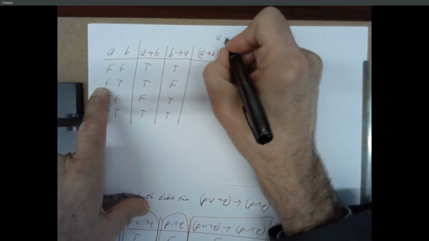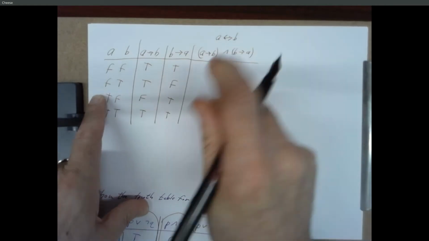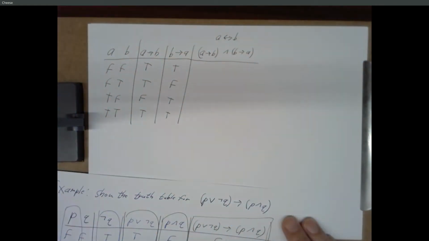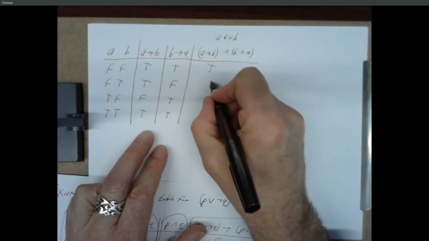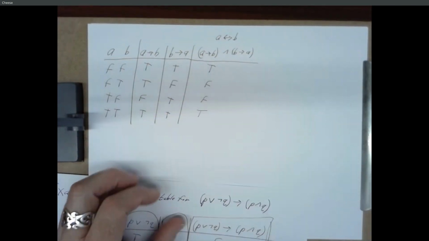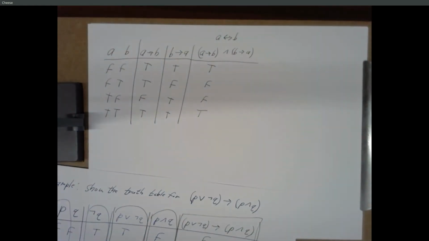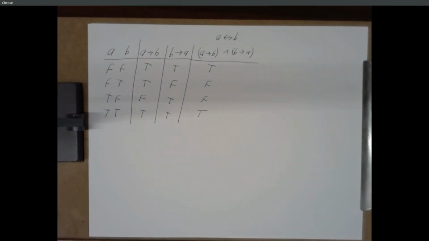So the biconditional is just the conjunction of A implies B with B implies A. So it's just the AND of these two columns. And it looks like that. And so the biconditional is really just an exclusive NOR, which might make you feel good or feel kind of funny.